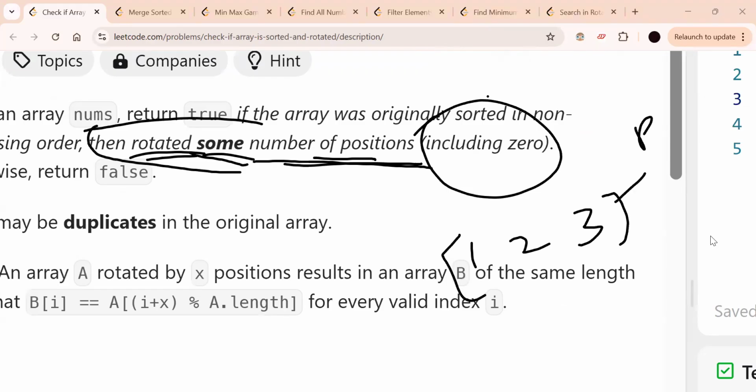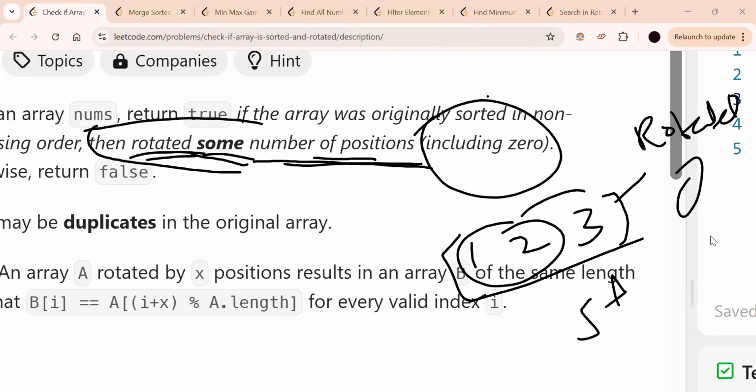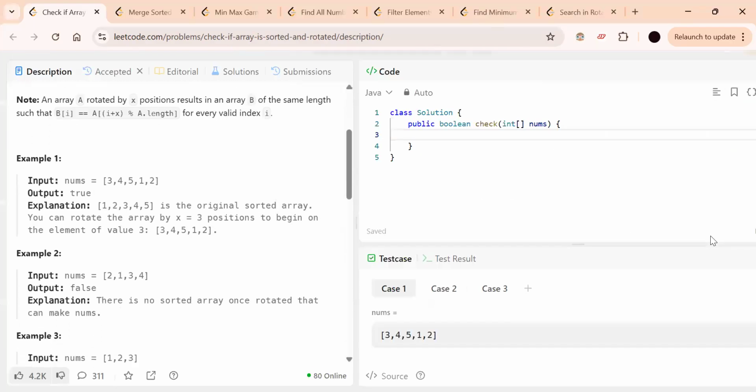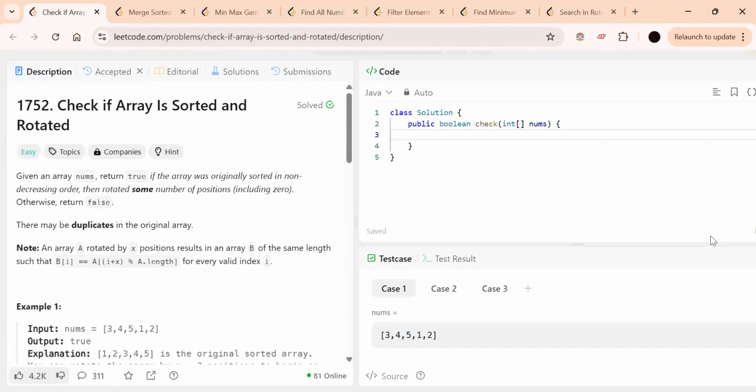So this is rotated 0 times. This is a sorted array. Now in this case, 1 is less than 2, 2 is less than 3, right? So in this case, we don't have any such place, guys.